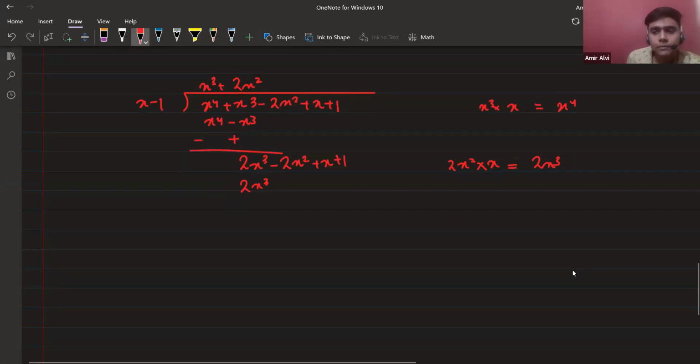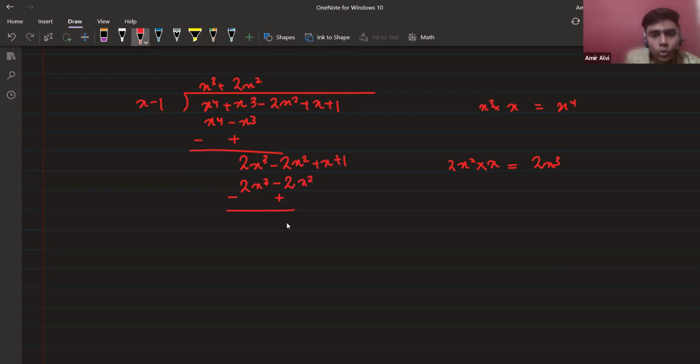Now minus 1 into 2x square, so this will be negative. Sign will change. I've told you. 2x square minus 2x square, it will be 0.